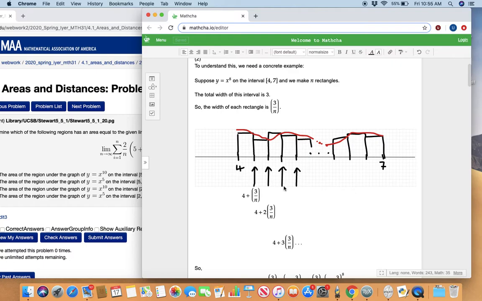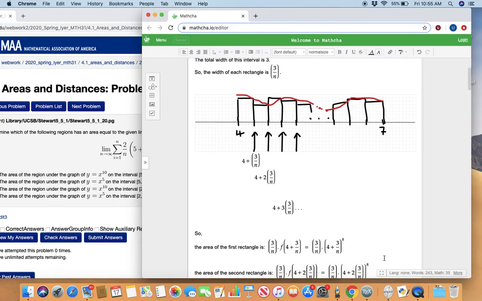This one is 4 plus 3 times 3 over n. Why 3 times? One width, second width, third width. So there are 3 times that width you need to go to reach here, and so on. If I'm looking at the area under this curve in red, I am approximating it by different rectangles.